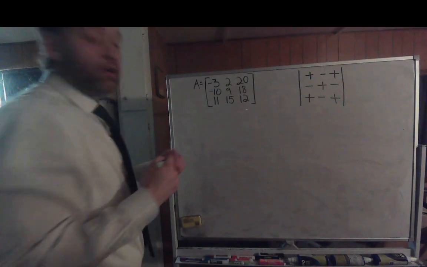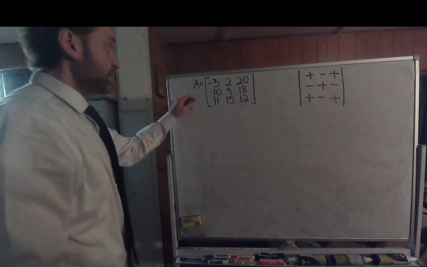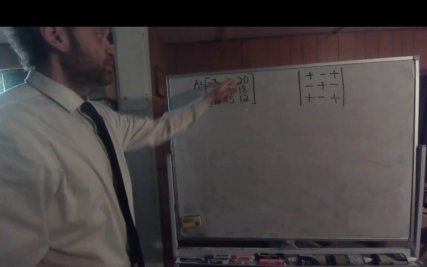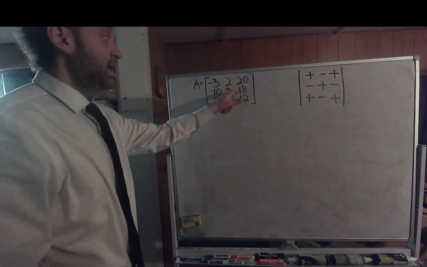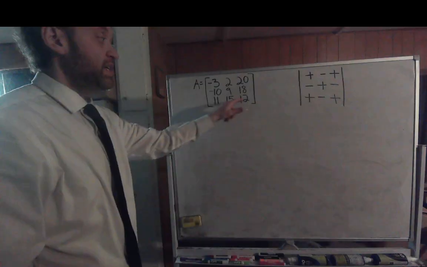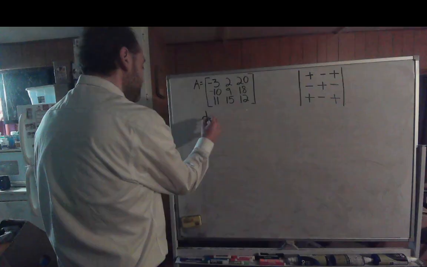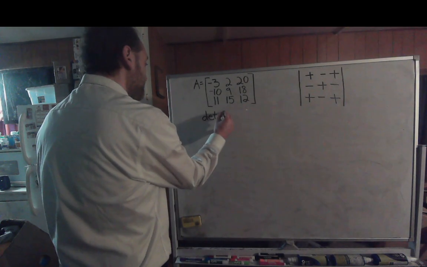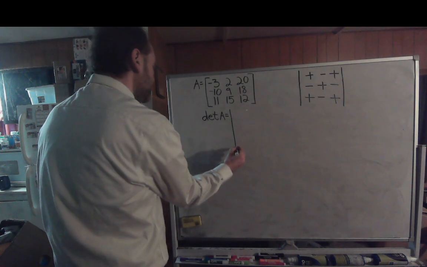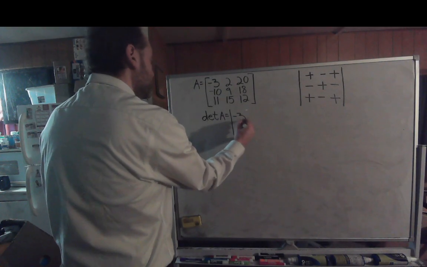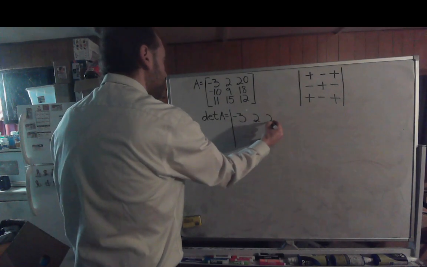Alright, so here's our next 3 by 3 matrix. Entries -3, 2, 20, -10, 9, 18, 11, 15, 12. So let's go ahead and do this determinant again here. So set up your determinant notation for this.